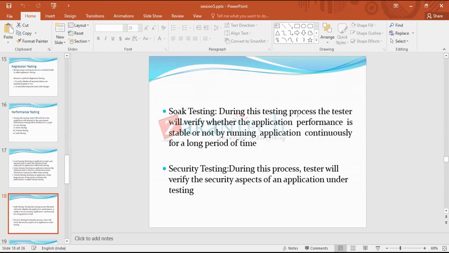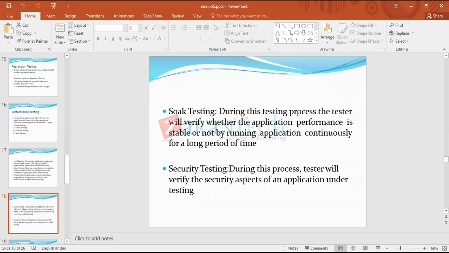During this testing process, the tester will verify whether the application performance is stable or not, that is, whether the application runs stably and continuously for a long period of time. The simple concept is consistency. I can verify the consistency of my application.